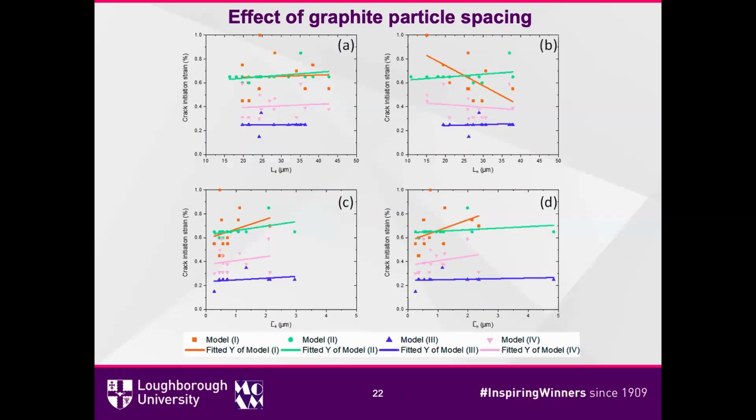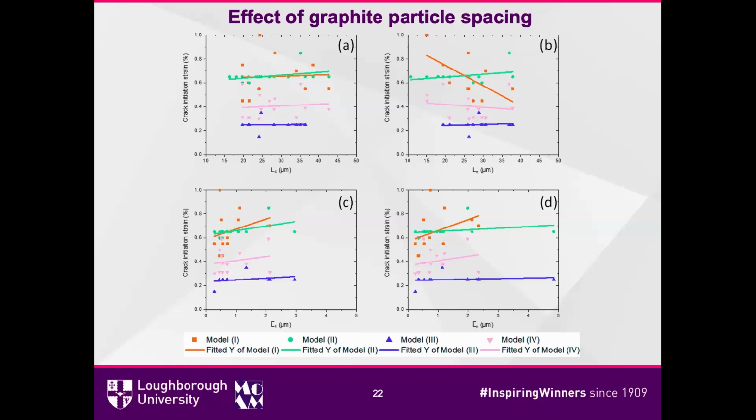So here, first of all, we find the crack will initiate when the distance is between 20 and 45, and if it's longer, the particle is less likely to affect the graphite particles. Each dot means when this graphite debonding happens in my model.